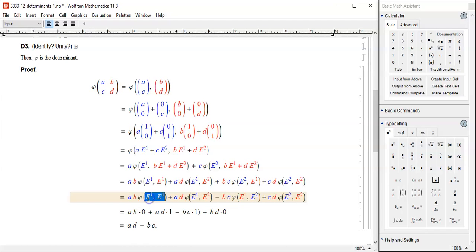And then E1, E1 and E2, E2, those are zeros. If we switch the order, we have to have the negative of that, but I got the same thing even after switching. So what number is the same as the negative of itself? Only 0. So that's 0, and that's 0.